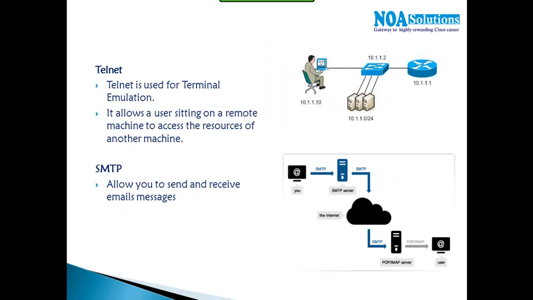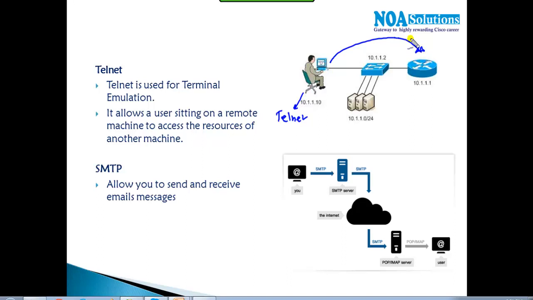Now there is something called the Telnet protocol. Telnet allows you to access a remote device. Like in basic CCNA, we have seen that if you want to access a remote device, you don't need to go to the command line over there. We can just type CMD, then type the IP address of the device, and I can access the device remotely by sitting here.